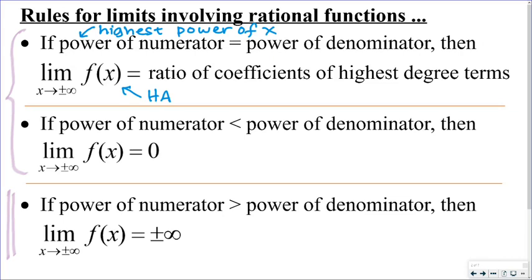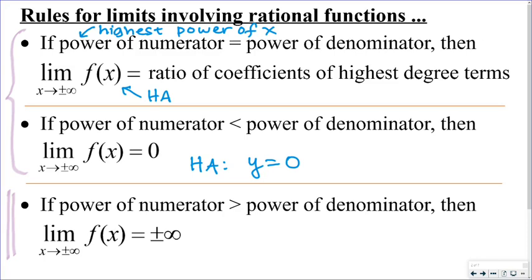I'm going to give you examples of all of these in the next slide. If the highest power of x in the numerator is less than the highest power of x in the denominator, then the limit as x approaches positive infinity of f of x equals 0. Or in this case, the horizontal asymptote is y equals 0.